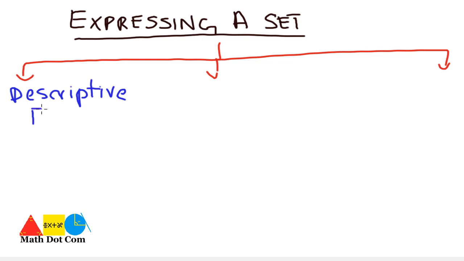We will have a short intro here, then we move towards this advanced form. Then the tabular form of a set. Both of these forms have already been discussed in our previous lecture. You may refer to our playlist of sets where it is already given.